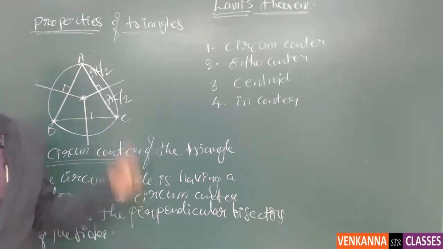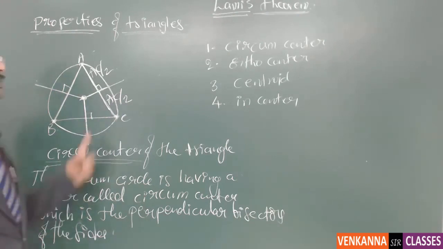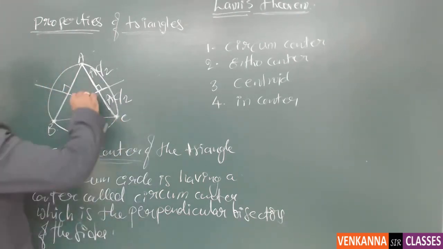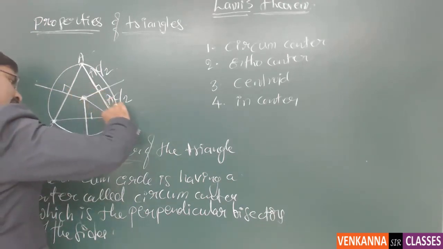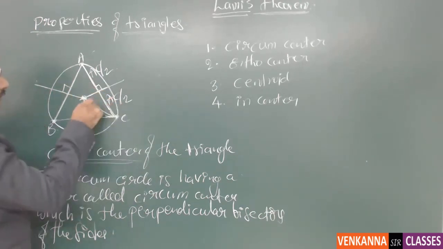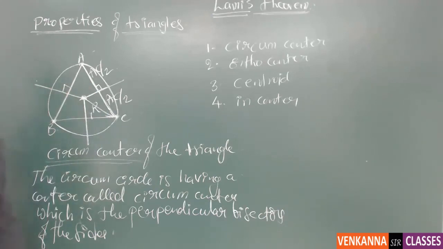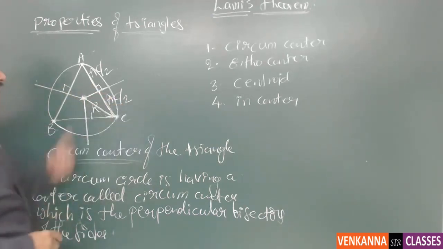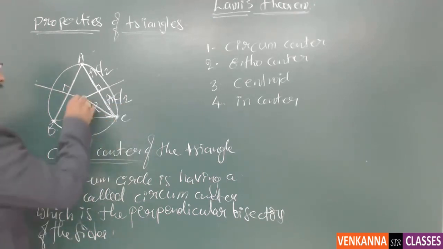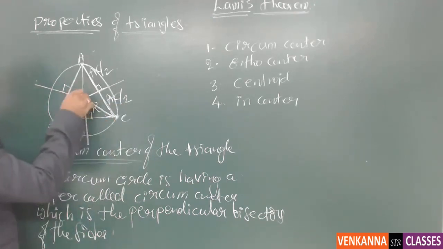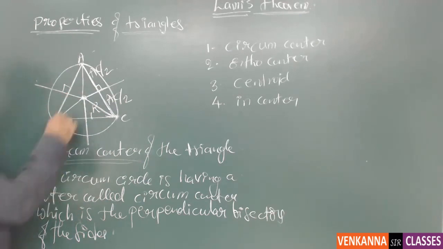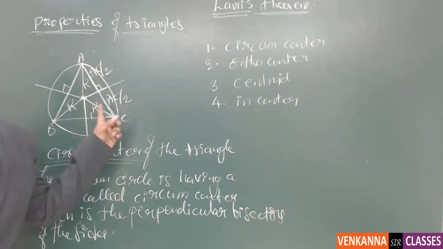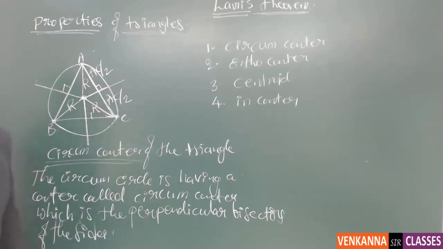Got it? The fundamental property of this circumcenter that we are going to use is the circumradius. The circumradius is this length, usually represented with a capital R. If you draw a line from the center to any corner, all the lengths are the same. This is called the circumradius. Understood?